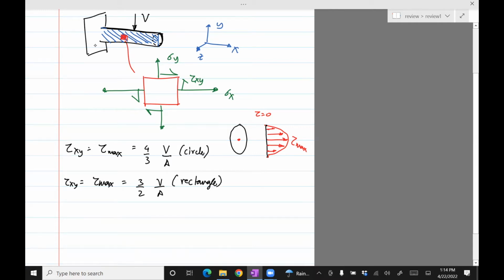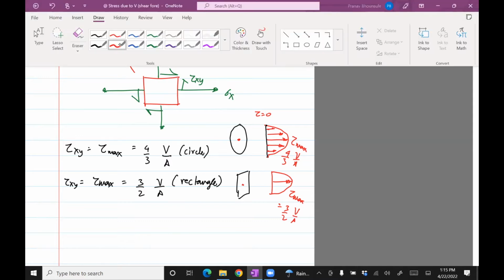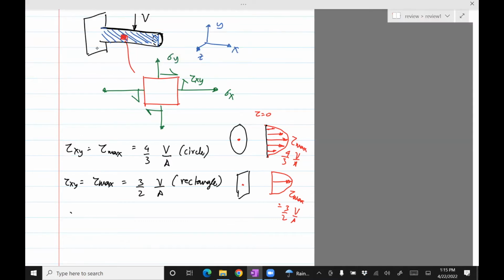This is something which will be given to you. So if you have a square like so, then it will be similar, but the max would be different. Tau max is 3/2 V divided by A. This will be 4/3 V. And then the other stresses are 0. Sigma x, sigma y.